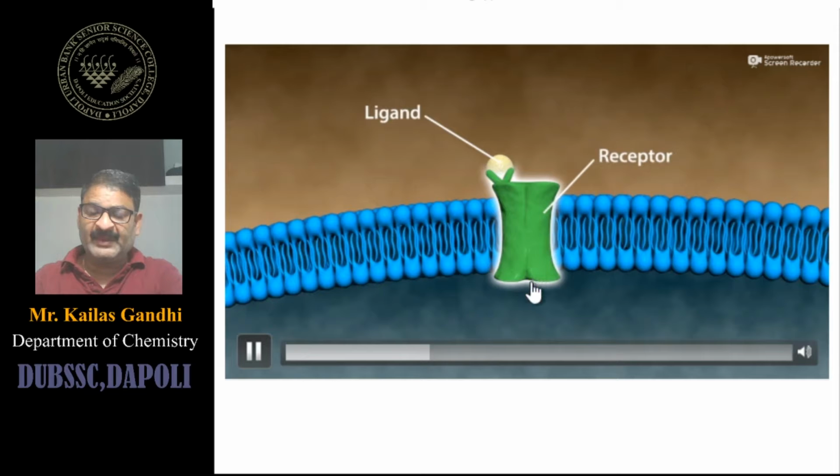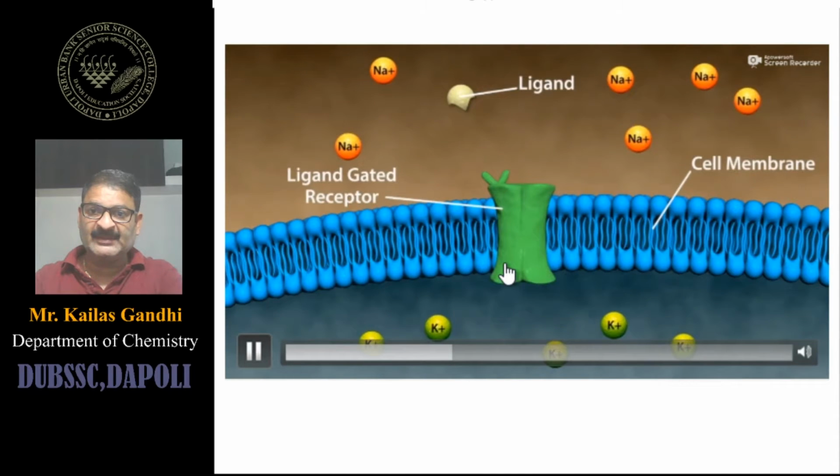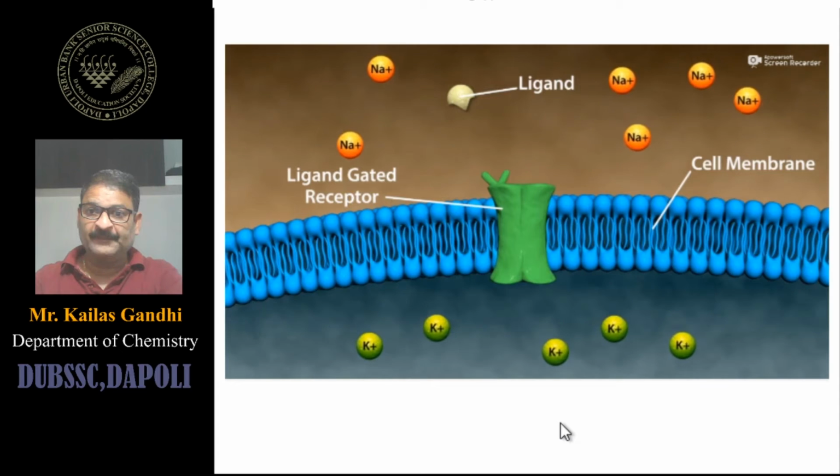Hydrophilic ions, especially Na+ and K+ ions, will pass through the ligand gated receptor, and the model is known as the lock and key model. So here sodium ions are moving outside the cell, potassium ions inside the cell.